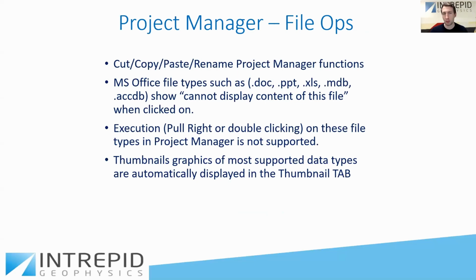we've gone through the copy, paste, and rename in the project manager. I mean, it's fairly self-evident, but we've had people ask this before. We don't support Office file types in Intrepid. Rudimentary task files, absolutely. You can see a short snippet within Intrepid, but Microsoft documents, PowerPoints, Excel files, we can't display within Intrepid.